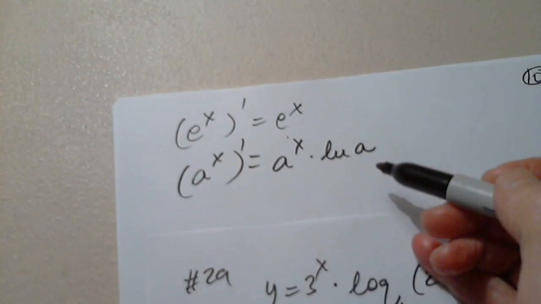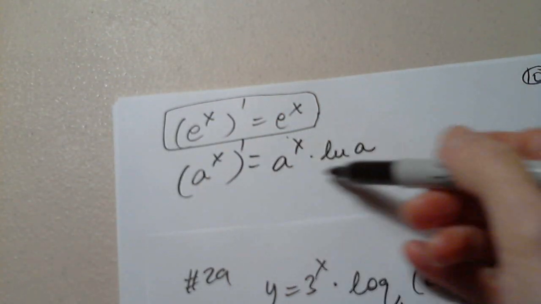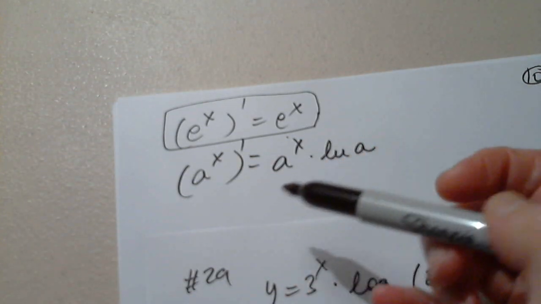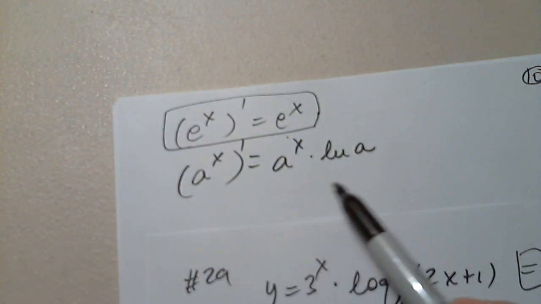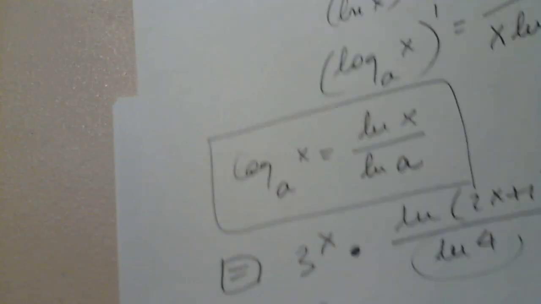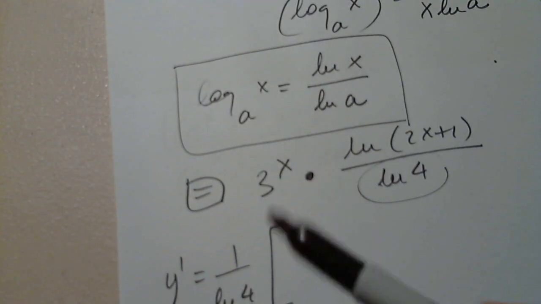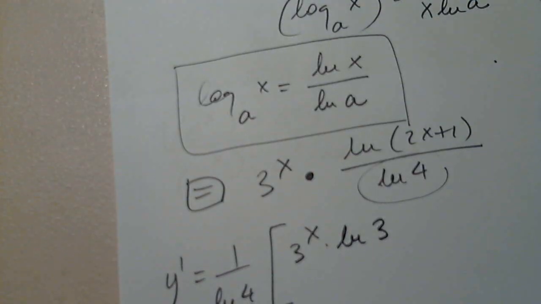Again, we have not done this because there was nothing in the regular section of the book with anything else but the base e. So that's why I never showed you this formula. So in order to differentiate 3 to the x, we have to write 3 to the x times natural log 3.